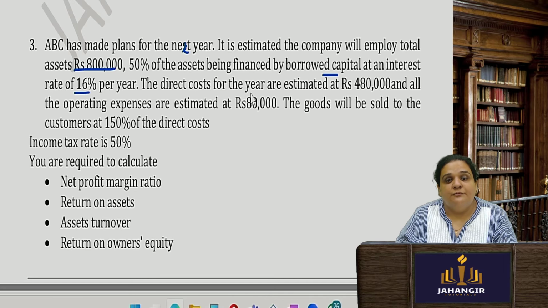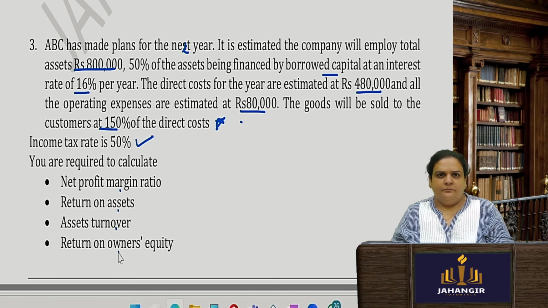The direct costs for the year are estimated as 4,80,000 and all the operating expenses are rupees 80,000. The goods will be sold to the customers at 150% of the direct cost. Income tax rate 50%. Calculate net profit margin, return on assets, asset turnover, return on owner's equity.